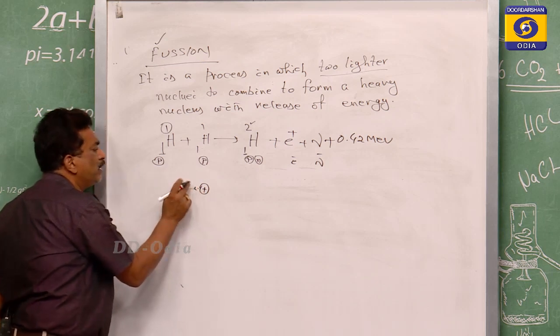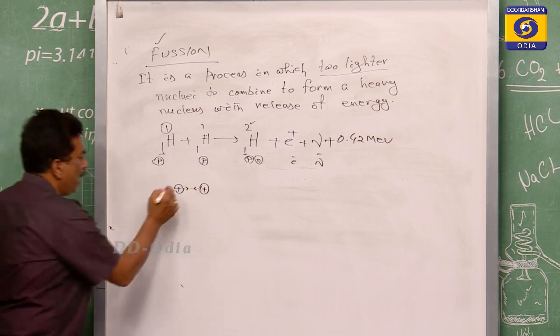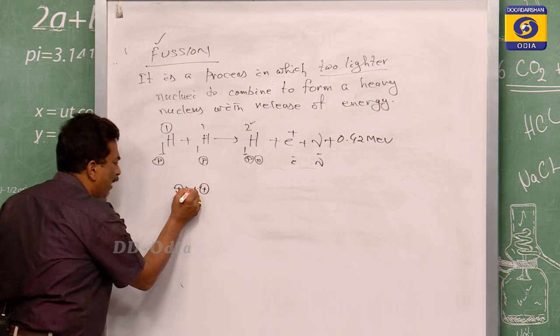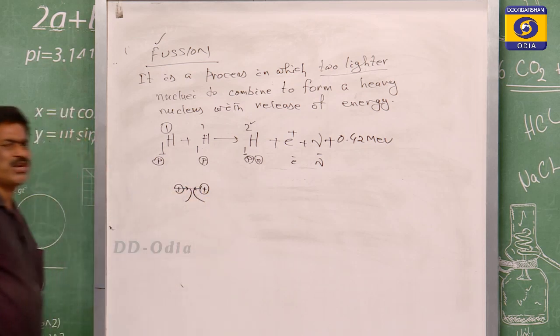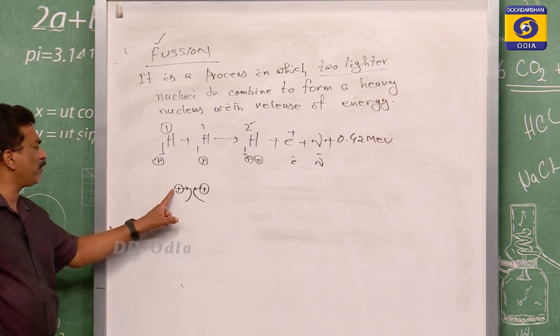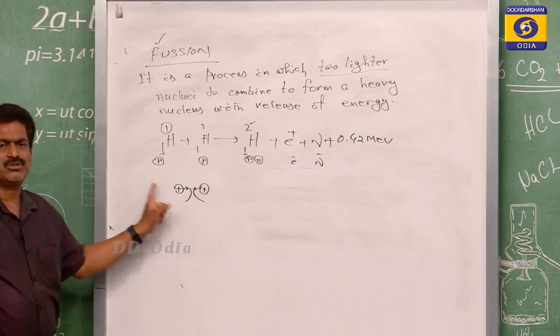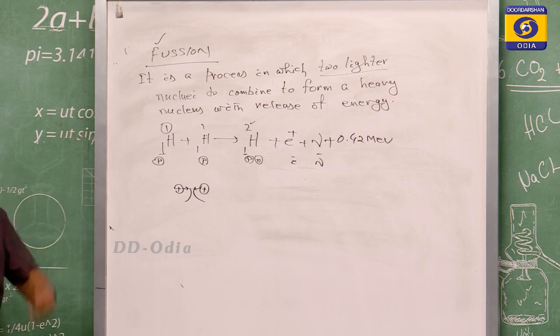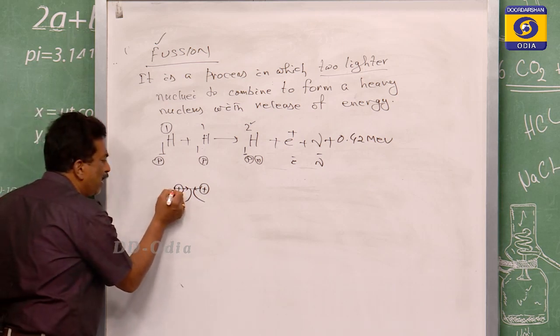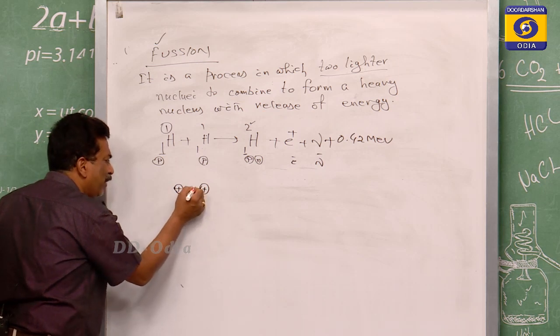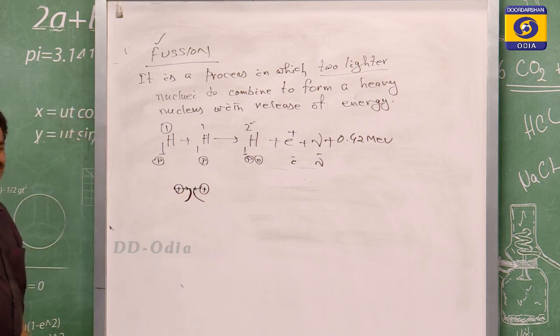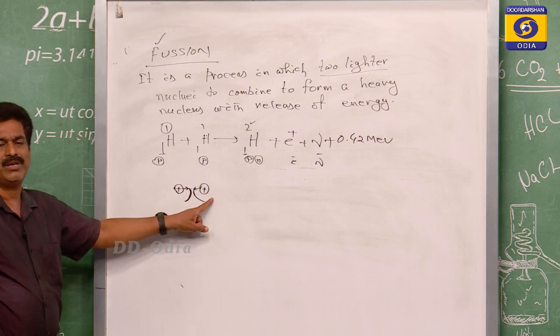between the 2 there will be a force. If one goes towards the other, due to that force its position will change, because this is a plus charge and this is a plus charge, and 2 positive charges repel each other. So as it goes nearer, there will be a repulsion. So they will not come near to each other.